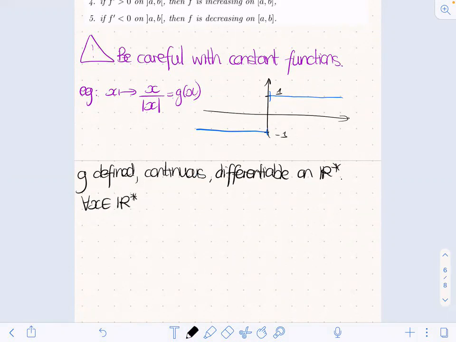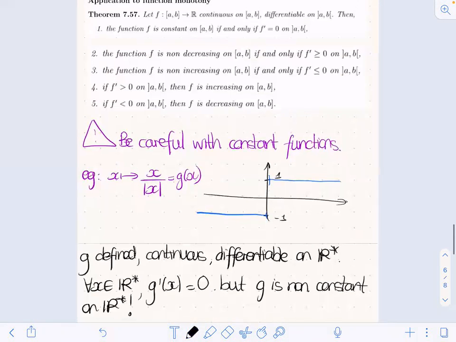Yeah, so for any x on R star, g prime of x is equal to 0. But is this function constant on R star? No, absolutely. So g is not constant on R star.